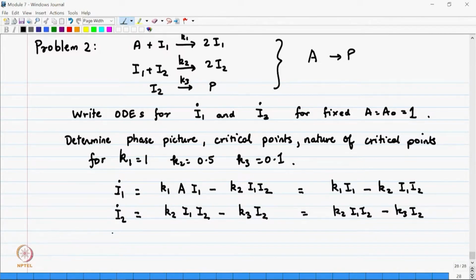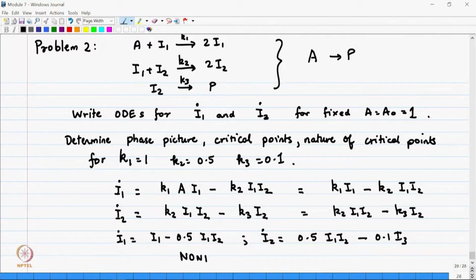I can write I1 dot is equal to K1 I1 minus 0.5 I1 I2, and I2 dot is equal to 0.5 I1 I2 minus 0.1 I2. So, what are the critical points of this equation? This is a nonlinear system.